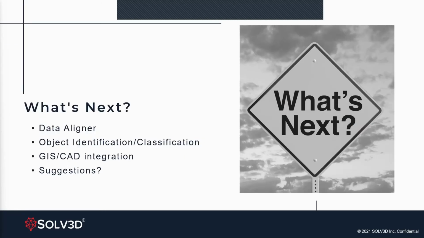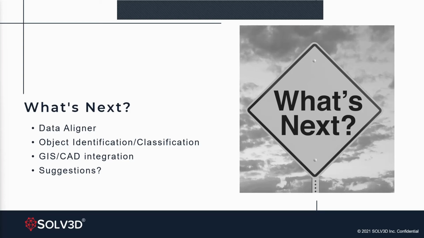So we are hoping to do a few more webinars starting in 2022, which I can't imagine is just a couple weeks away. But we'll plan to do a webinar series starting with some Data Aligner, which is a new tool that we've released in Engine. Our object classification and identification for both LiDAR and imagery. Those are two new tools that are available.